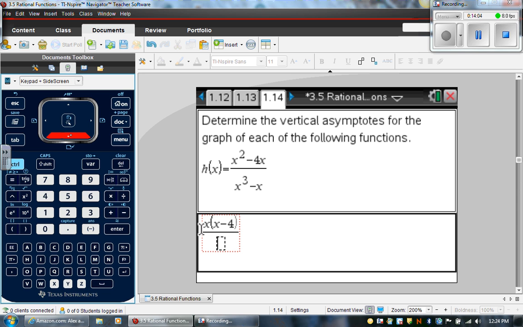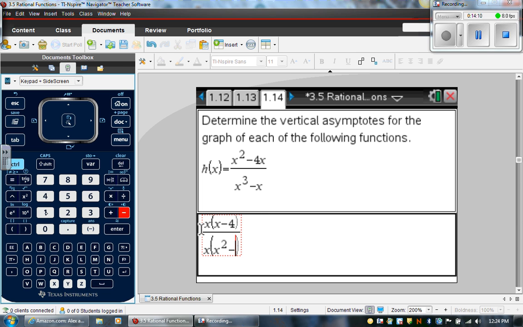And in the denominator, we're going to pull out a factor of x. And we're going to have x squared minus 1. And we know that that denominator can factor again. Difference of two perfect squares.